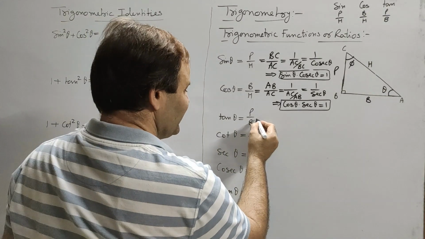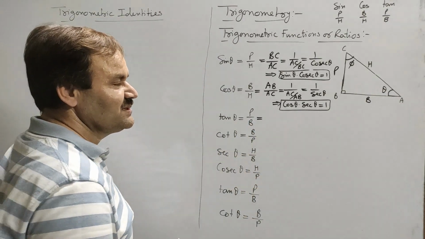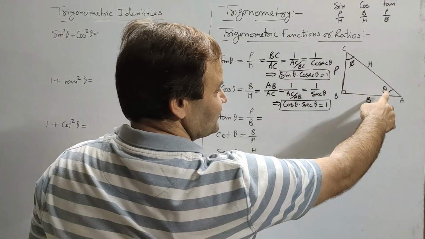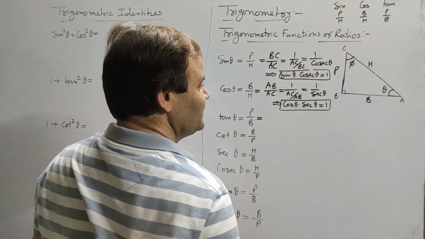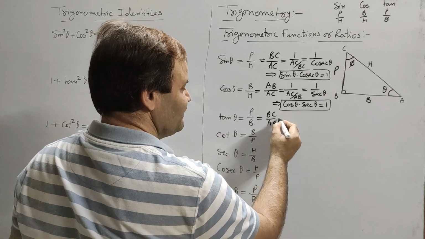In the same way, when we come to tan theta, tan theta is perpendicular upon base, and perpendicular for angle theta is BC, so it will be BC upon AB.